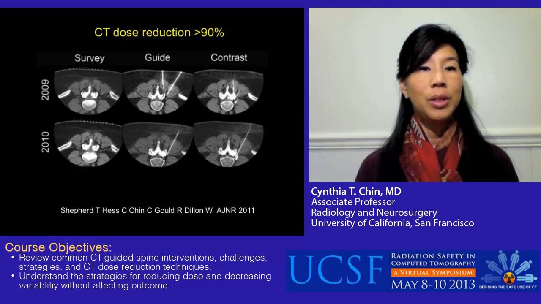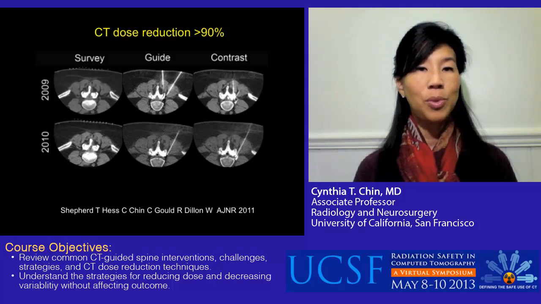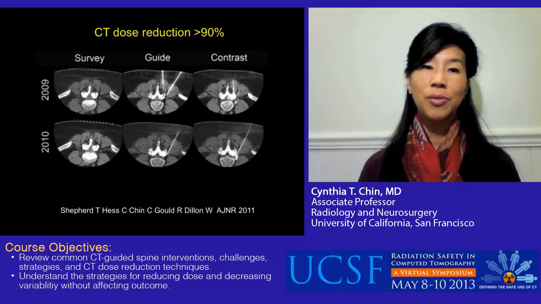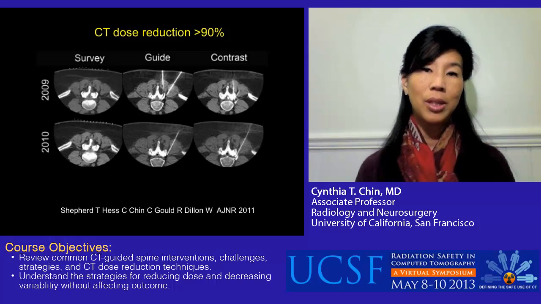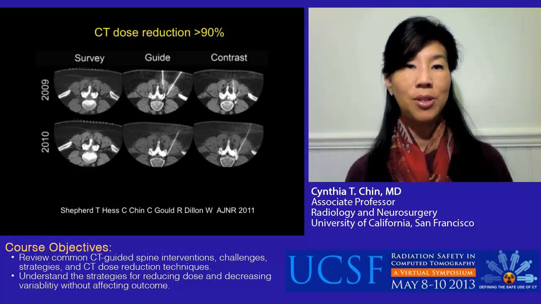And so images were obtained in this particular patient who had the same procedure, a nerve block and a facet block, in 2009 before implementation of the strategies, and in 2010 after implementation of the three strategies.